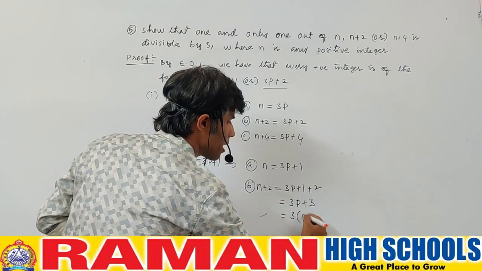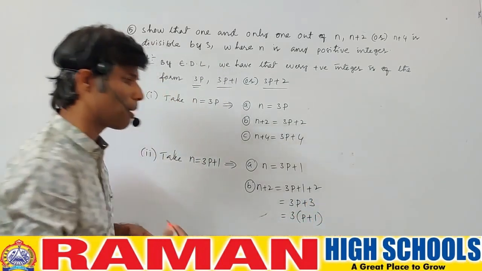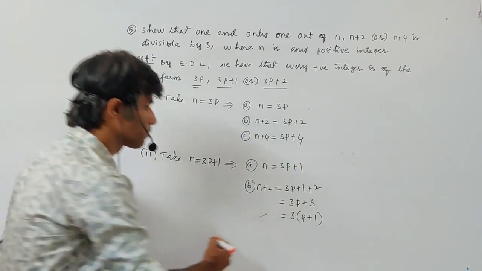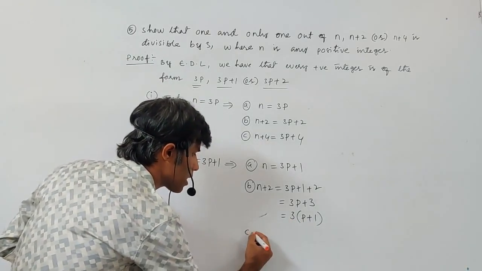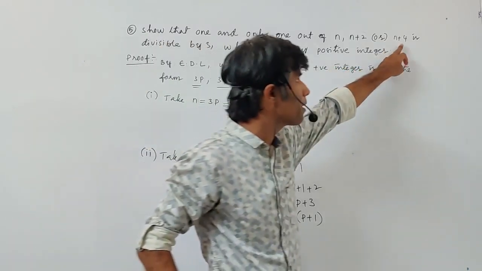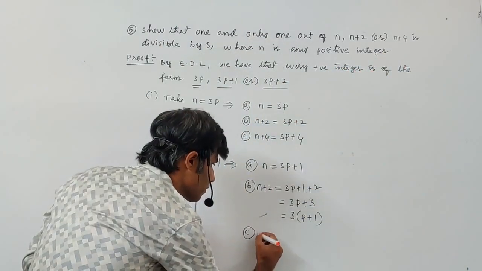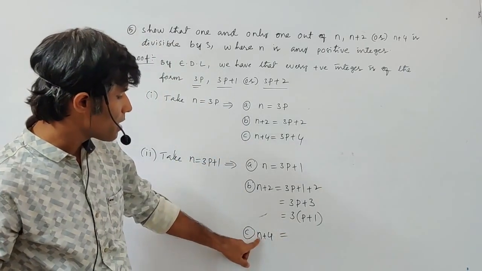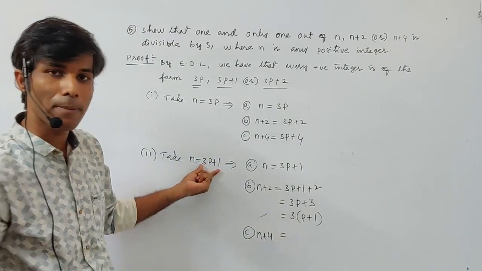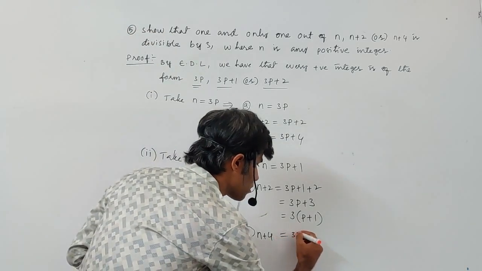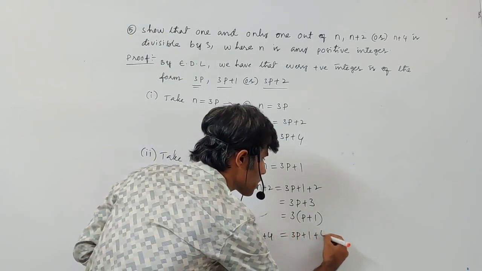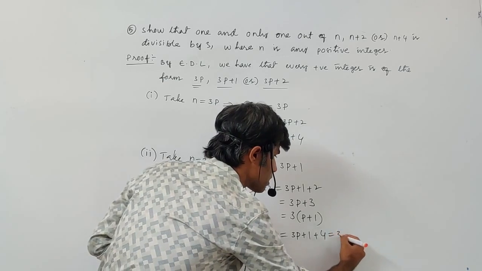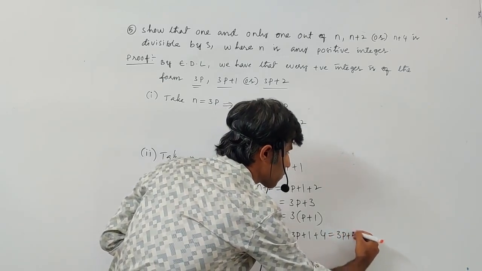You can take 3 as a common factor, it is 3 into p plus 1. Let us take the third number, n plus 4. Here in the place of n, again you are going to substitute 3p plus 1: 3p plus 1 plus 4, that is 3p plus 5.